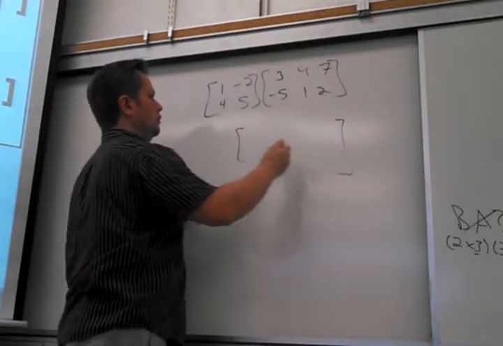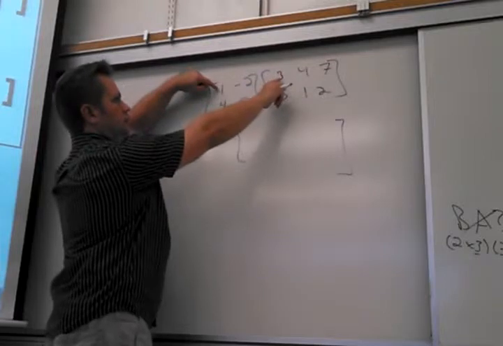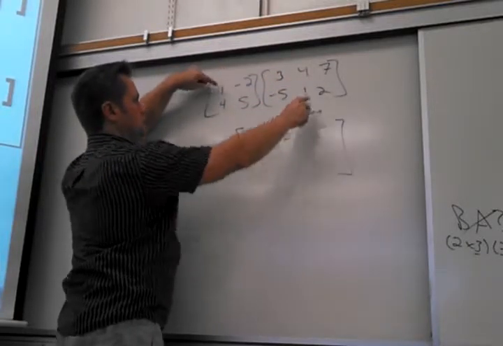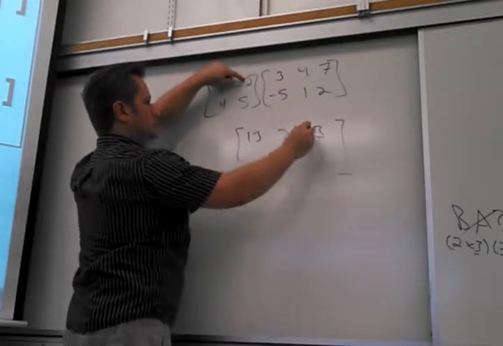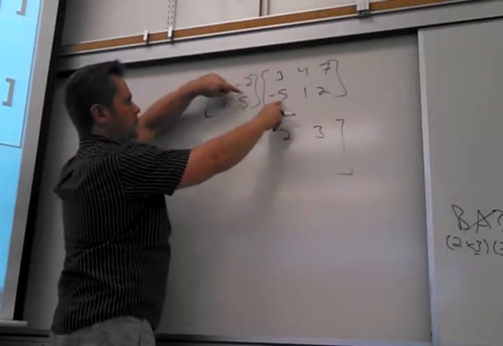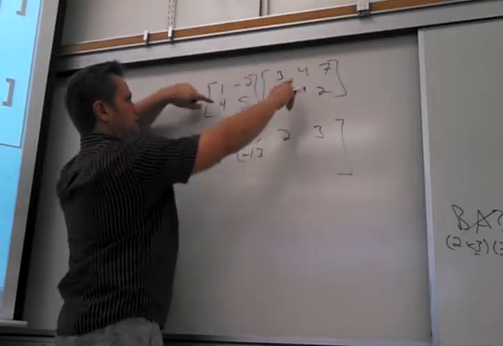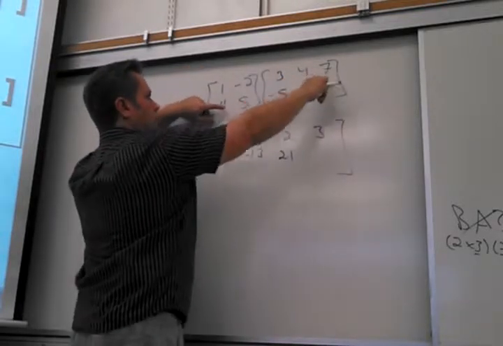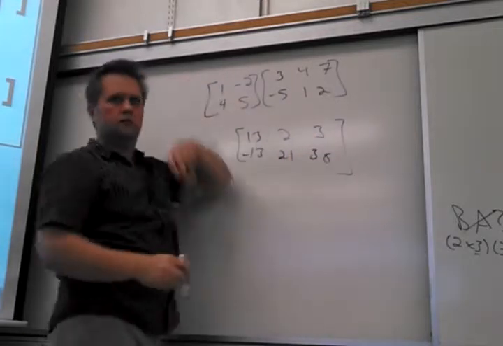So then I get 13. 3 plus 10, 13. 4 minus 2 is 2. 7 minus 4 is 3. 12 minus 25, negative 13. 16 plus 5, 21. 28 plus 10, 38.